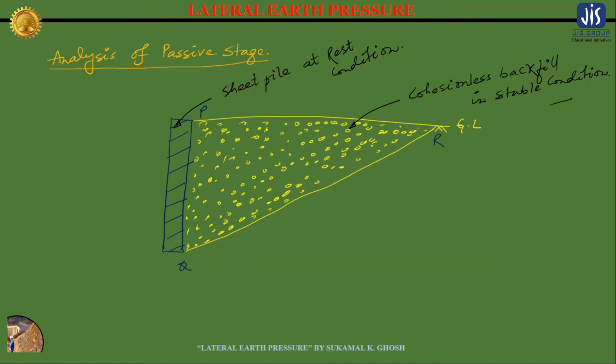Okay, and this soil wedge is in stable condition or in static condition because the sheet pile is at rest. Now if we want to move the sheet pile about its base towards the backfill, then what will happen? This is the base of the sheet pile, right?